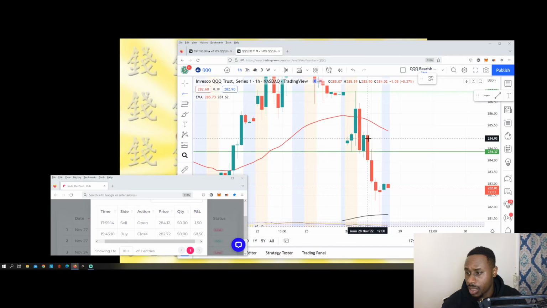I entered at 284.12, right about here on the 12 o'clock candle. I use purple for the entry and red for the exit.